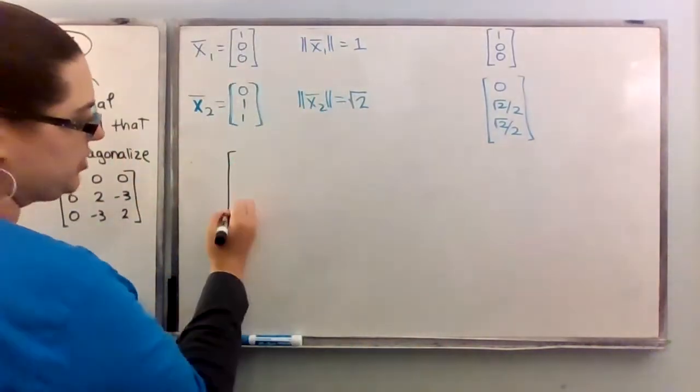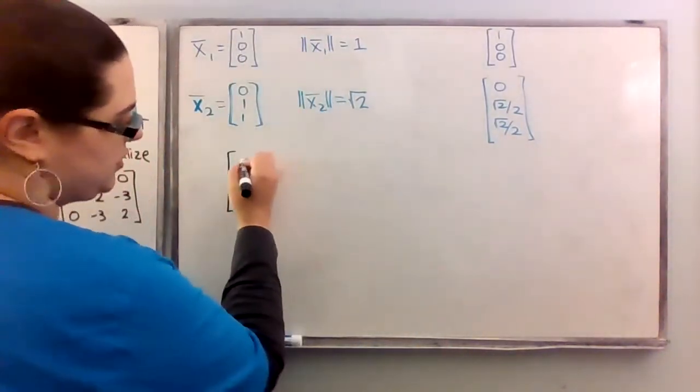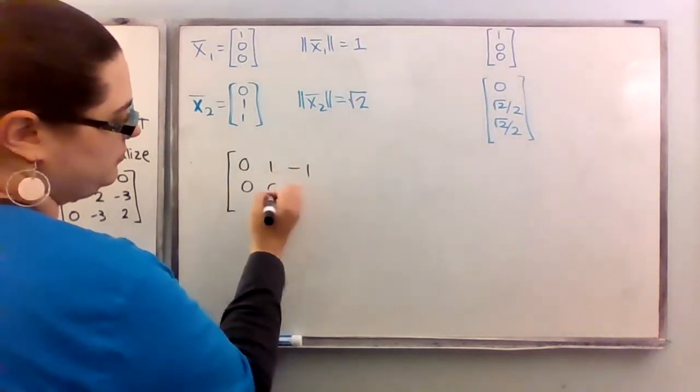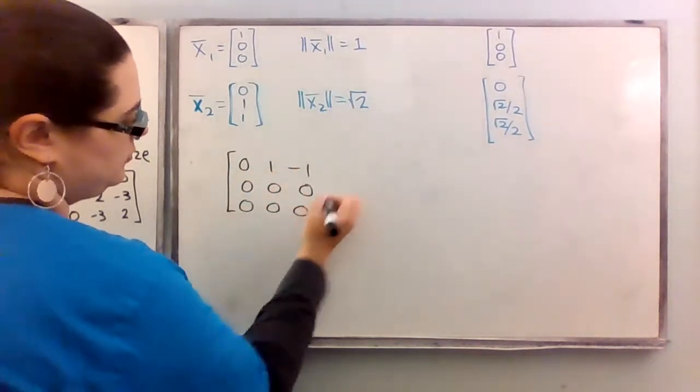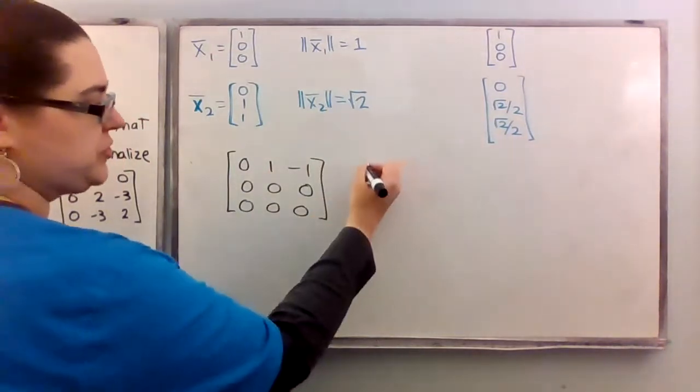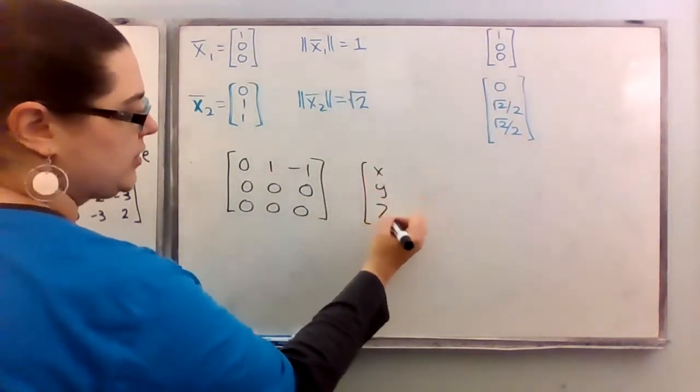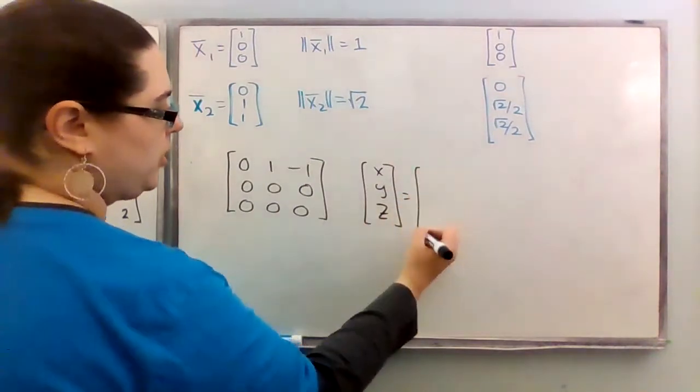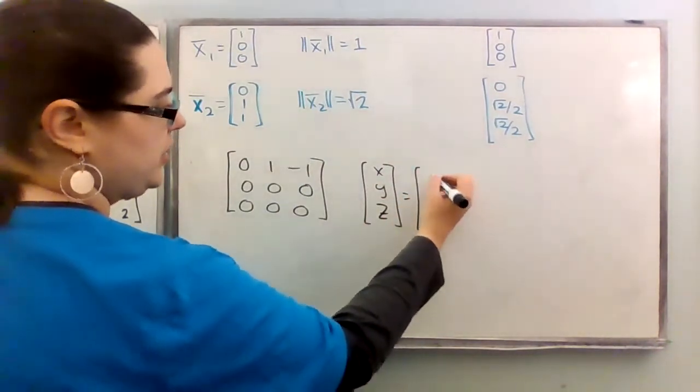our matrix that row reduced to 0, 1, -1, right? And we were able to set up our vector x, y, z equal to t, t, and s.